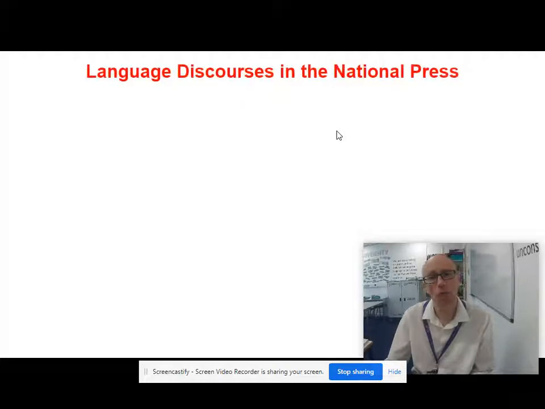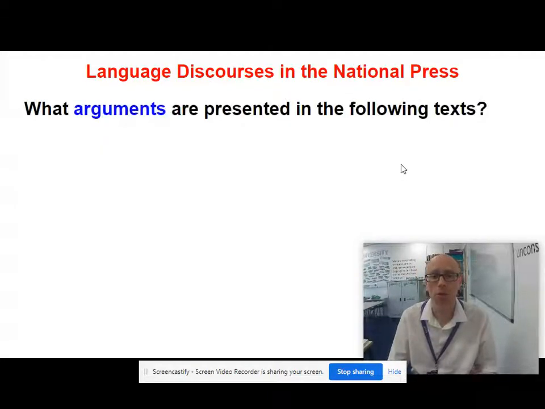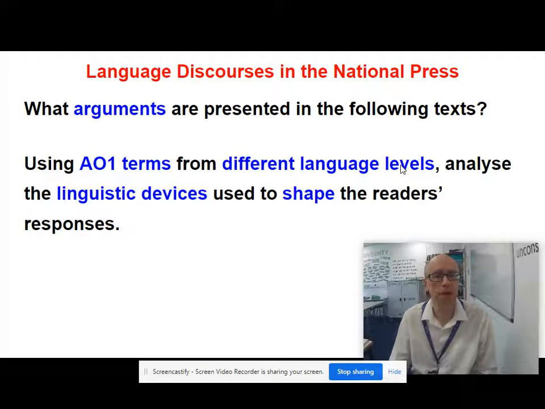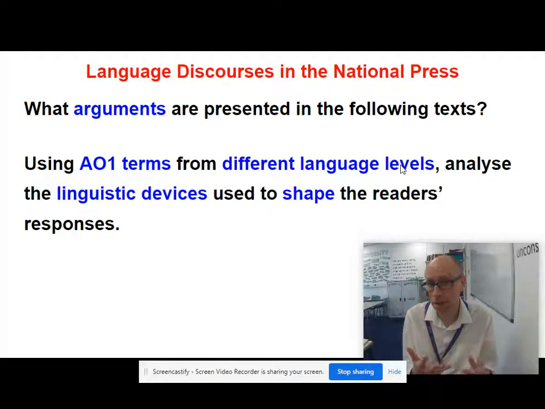Okay, so let's think about the way that language discourses are represented in headlines in the national press. So what arguments are being presented in the following headlines? And what AO1 terms can we use? Now, we need to be using all of our language levels here. It's not just about lexis, but also about semantics, word meanings, pragmatics, like intertextuality and underlying meanings, discourse.